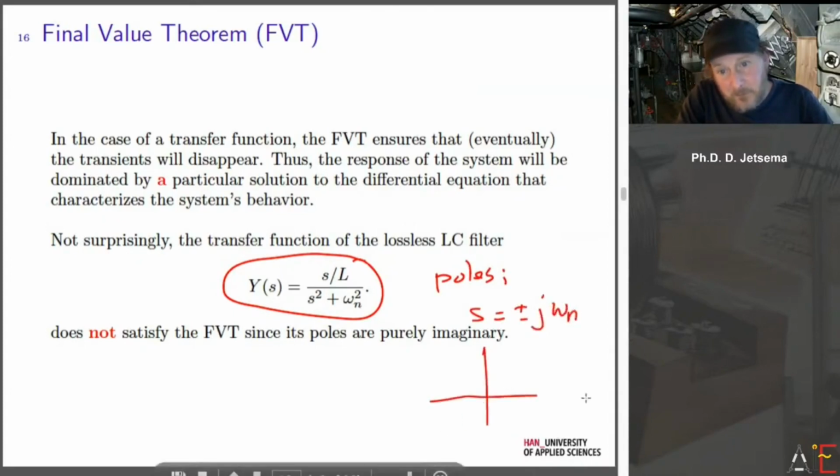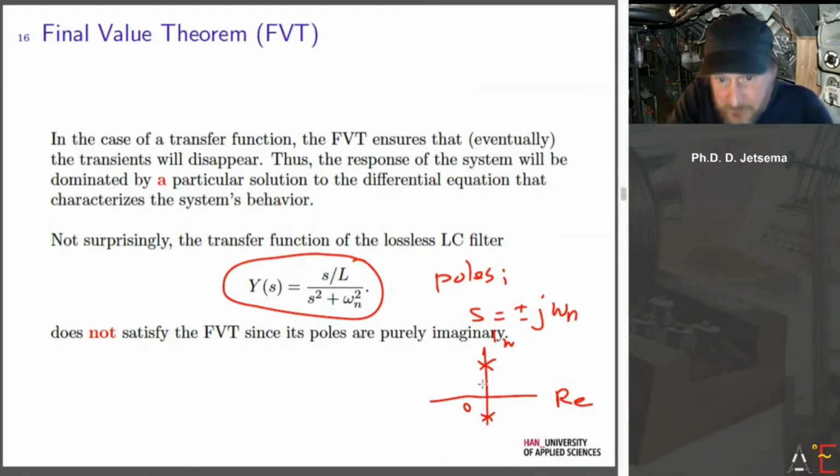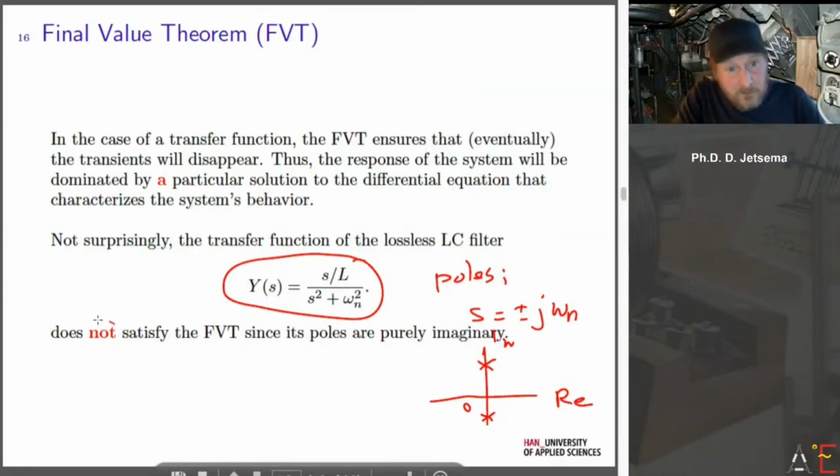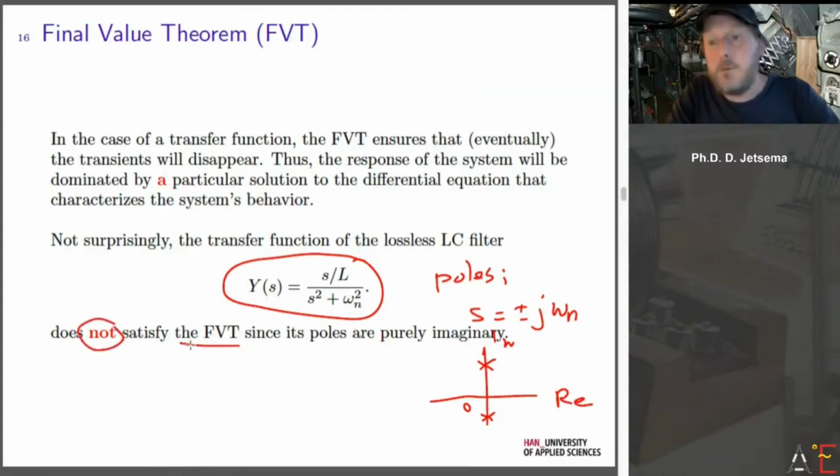So in the complex plane, you have two poles. That's a complex conjugate pole pair, but they have a real part in the origin. So this does not satisfy the final value theorem.